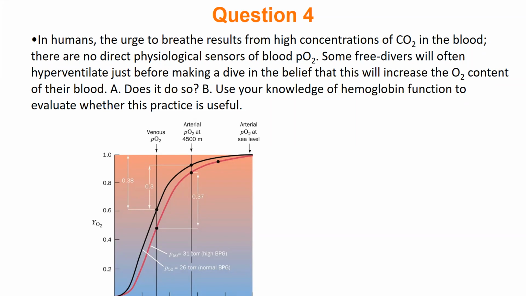Well, I guess I'll just go ahead and answer these. Short answer is no. Hyperventilating does not increase the oxygen in your blood. If anything, it decreases it. Because when you're hyperventilating, what actually happens is that you're making your blood more acidic.